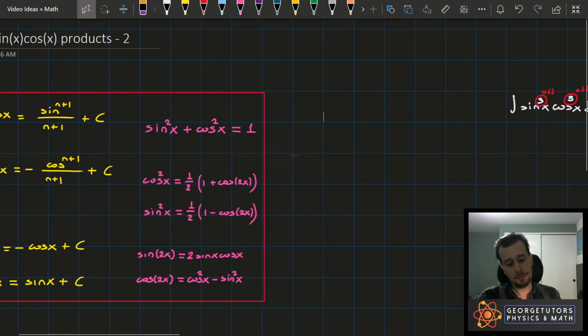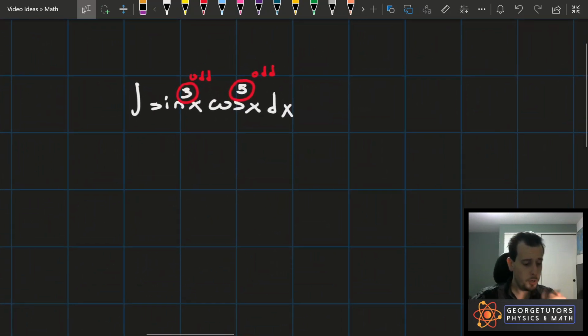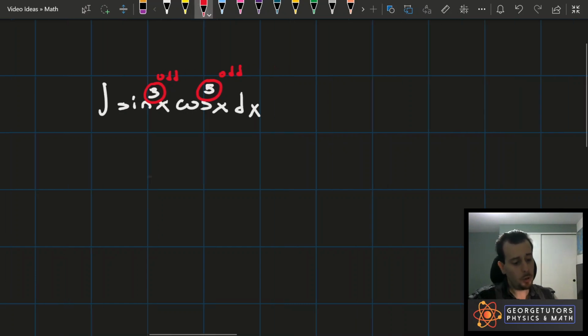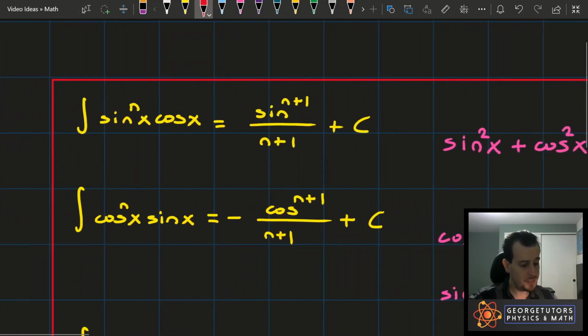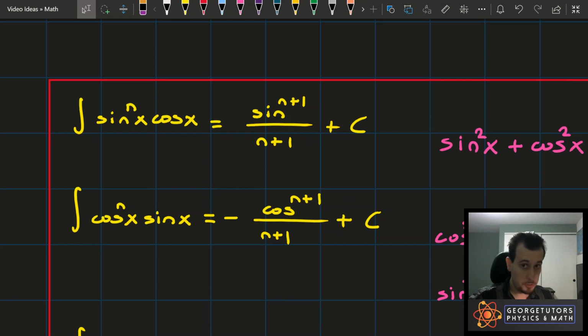So let's start over here with an example where the actual power of sine and cosine in the product is odd for both of the trig functions. What are you supposed to do here? Well, one thought that we want to have in our mind is that we're chasing to make this into one of the formats that we have in yellow over here. So which one is more likely to work?